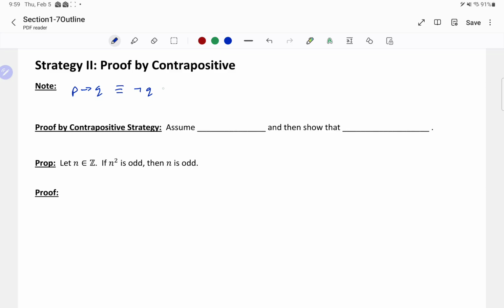So P implies Q is equivalent to not Q implies not P. So if we use a proof by contrapositive, we're going to assume that my conclusion Q is false, and then we'll show that my premise P was false. Does that make sense?